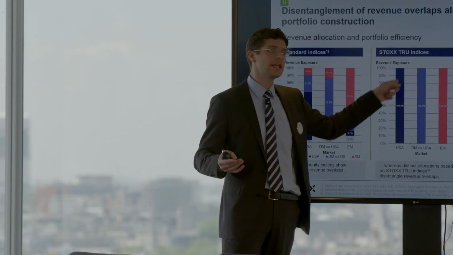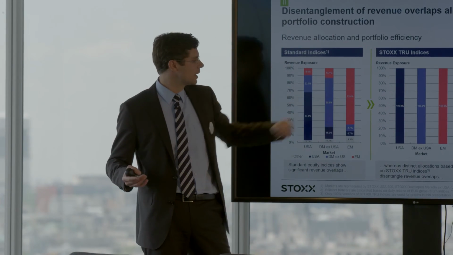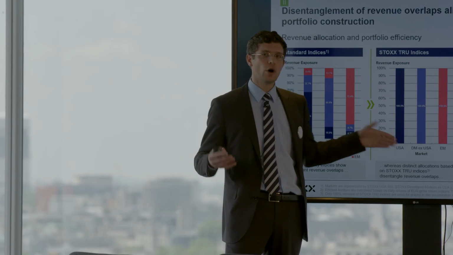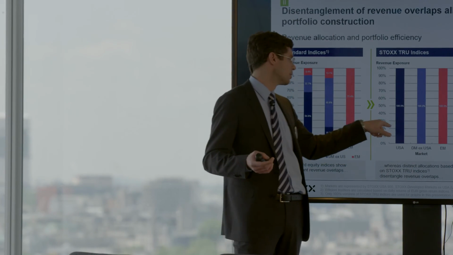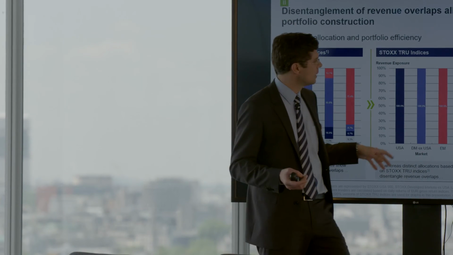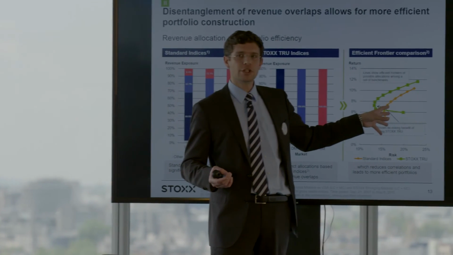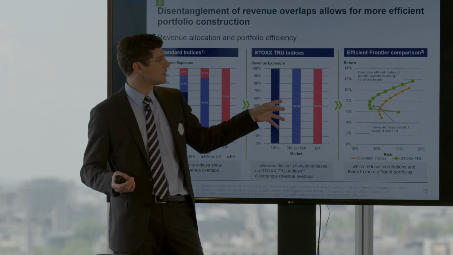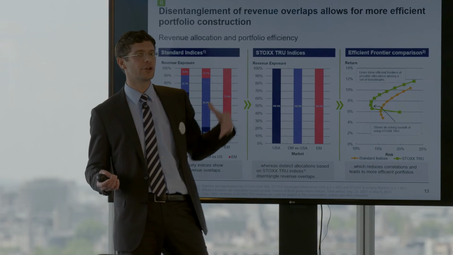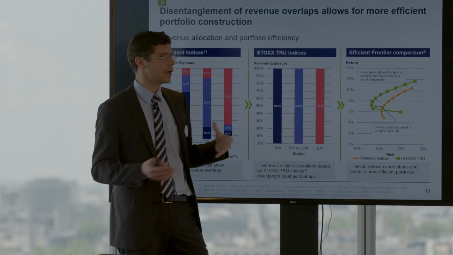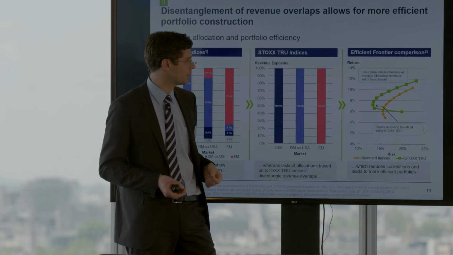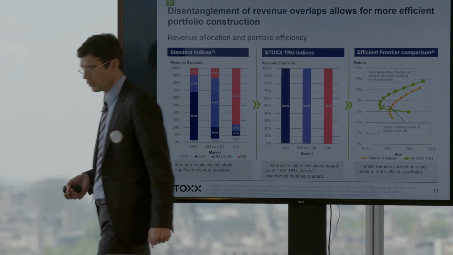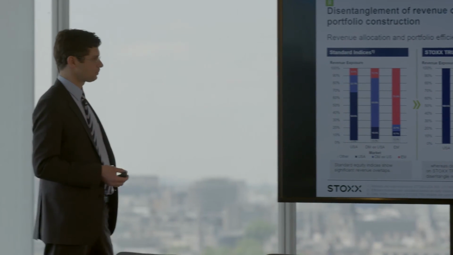If we would replicate the same portfolio in the extreme by indices that include only companies that generate all of the revenues in the respective targeted market, we would find that the portfolio would be much more efficient. We could construct combinations that yield significantly higher returns per unit of risk taken as compared to the combination of traditional benchmarks, or to put it differently, we can move the efficient frontier further over to the left.